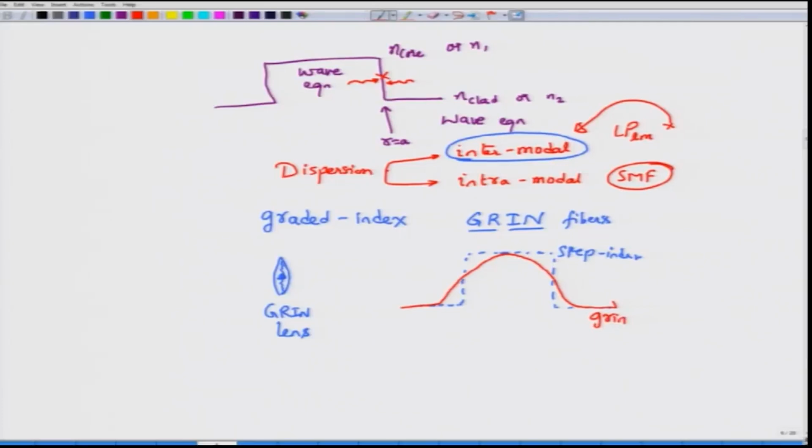The profile starts with a maximum value of N0 at the center, or maybe NC0 at the center, and then reaches down to N2 at the cladding. We are assuming that in the cladding the refractive index is constant, although there could be changes in the cladding refractive index as well. It starts off with N0 and then slowly changes over from N0 to N2.